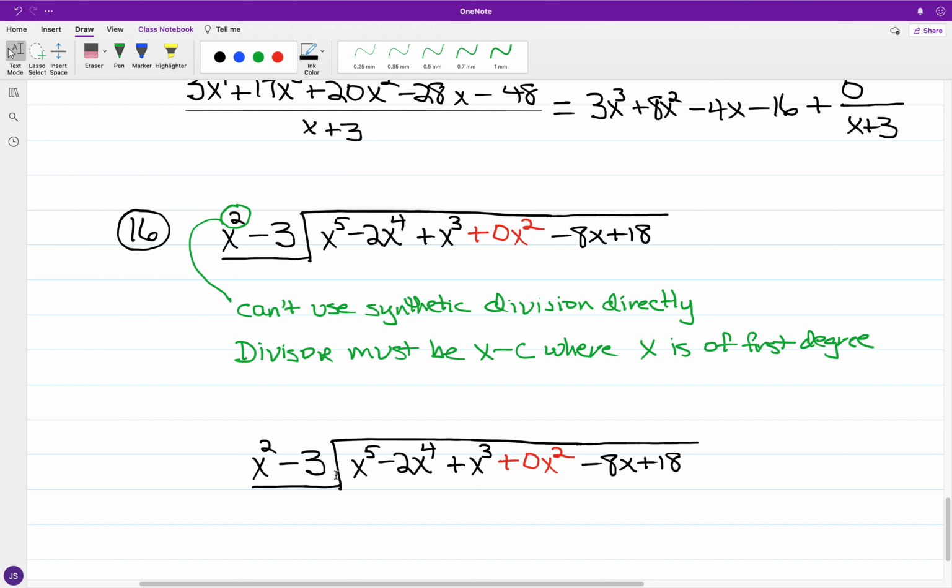Okay. So I have x squared minus 3. And if I look at taking x squared into x to the 5th, so we have x to the 5th divided by x squared, this is going to be x cubed.